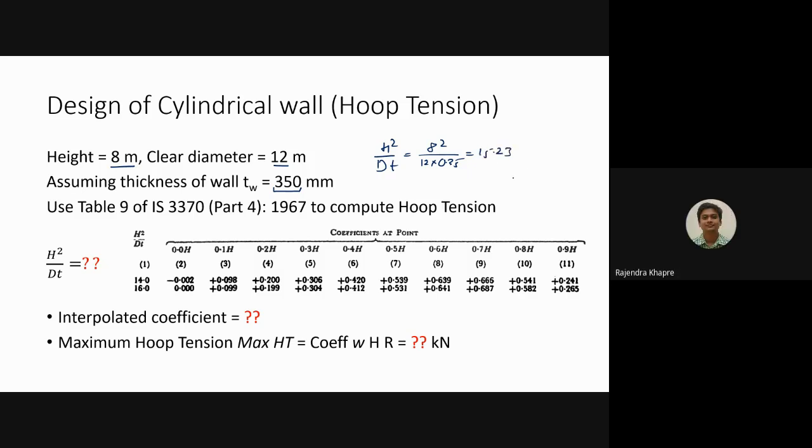Okay, so 15.23. Now if you refer to Table number 9 of IS 3370 Part 4, 1967, this is the table which is given to compute the hoop tension. Here the value is lying between 14 and 16, and the exact value is 15.23. Now for hoop tension, let us find out where the maximum hoop tension will be occurring.